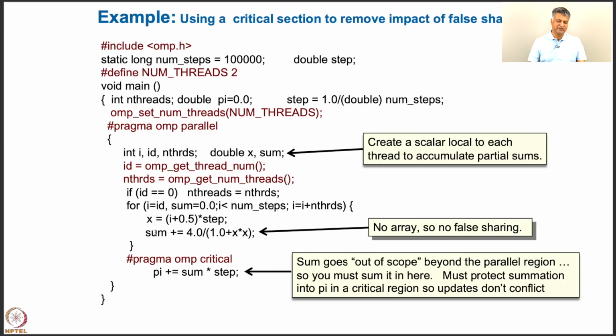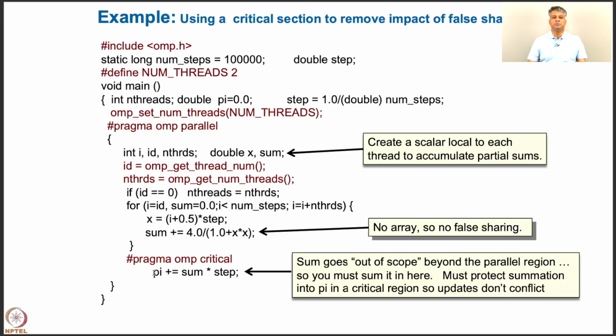Each thread is free to go and compute sum at its own speed and its own will, but it will accumulate only the partial sums. What we have done is create a variable double pi which is global in scope. That is, each of the threads will have only a global version of it. There are no local copies of pi.